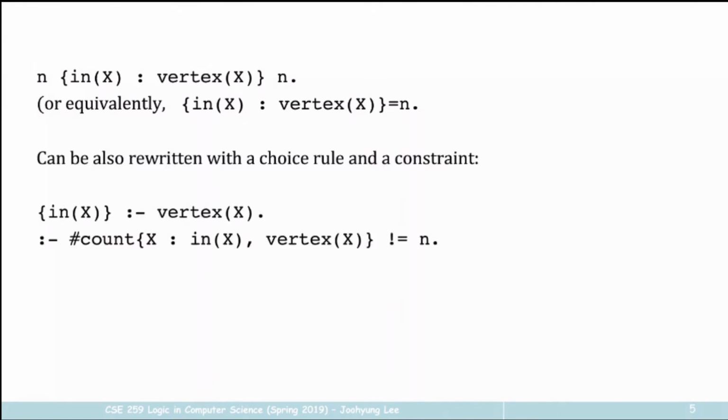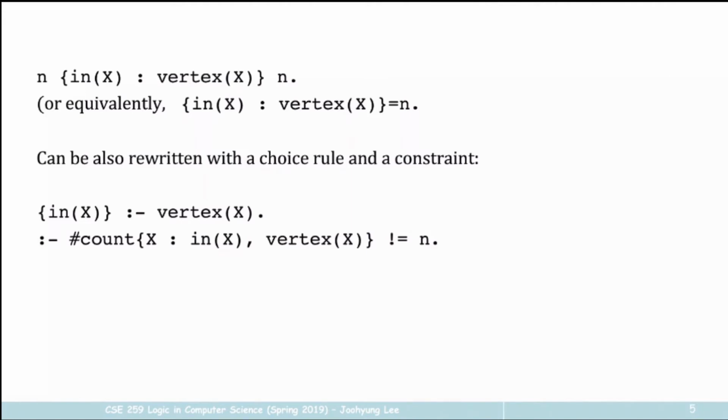So the first one is in is a subset of the vertices. But then we say in the next line to give a constraint. If the number of elements in the in predicate is not n, then this violates the constraint. In other words, the number of elements that belongs to the in predicate should be exactly n.